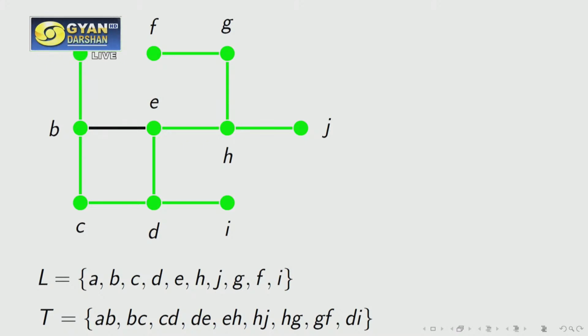The spanning tree that we have obtained in this case is shown in green edges, which are the edges AB, BC, CD, DE, EH, HJ, HG, GF, and DI.